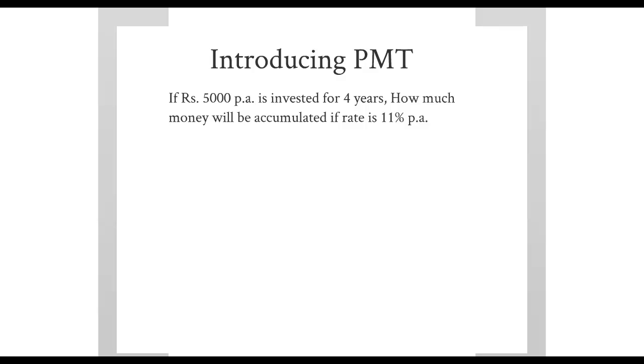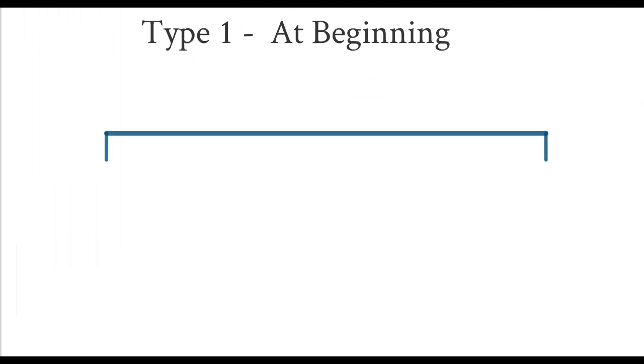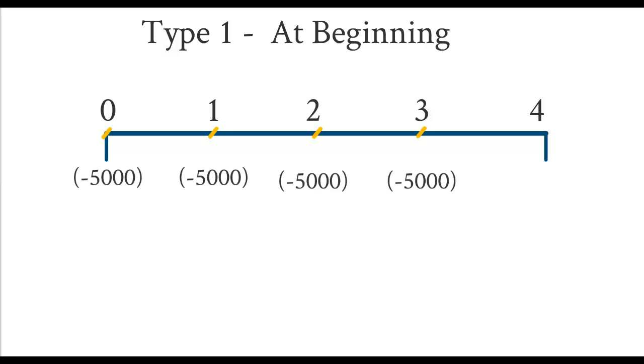Now let's have a closer look and let's take both the options. What if this 5,000 is invested at beginning and what if it is at end? Let's go with beginning first. Type 1 cash flow at beginning. If you put 5,000 at beginning of each year, the timeline would look something like this. You have 4 cash outflows, minus represents outflow.